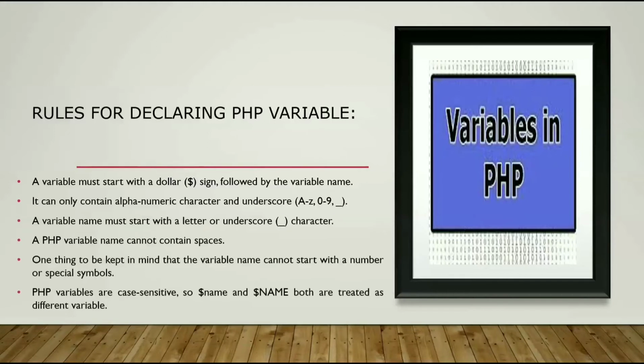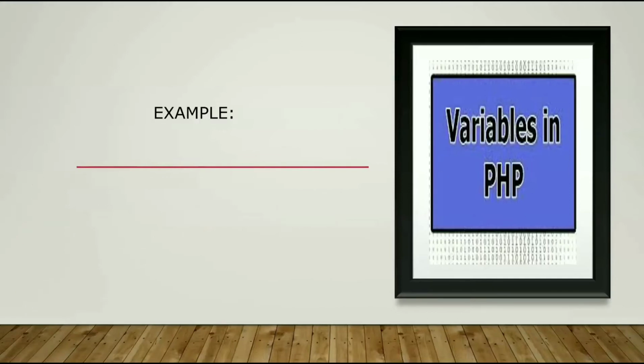And the most important thing is that whatever variables you have declared are case sensitive. So small case name and capital case name are treated as different. So these are some rules which can be kept in mind while giving the particular variable name.